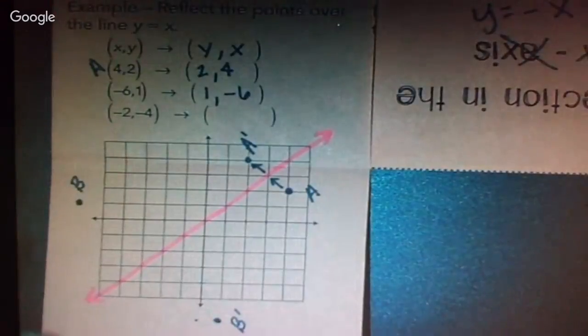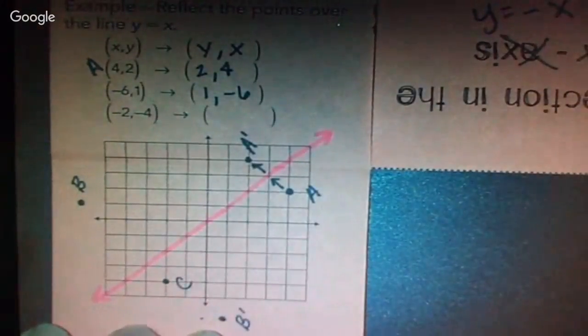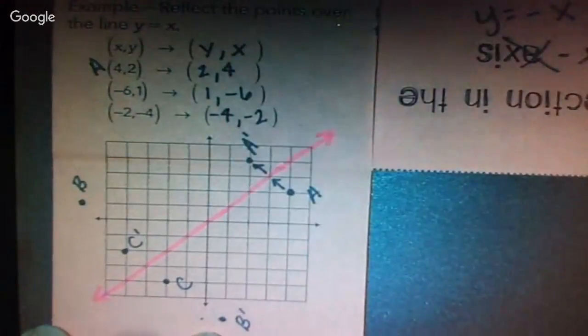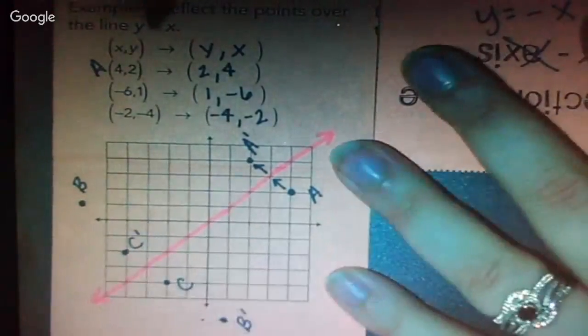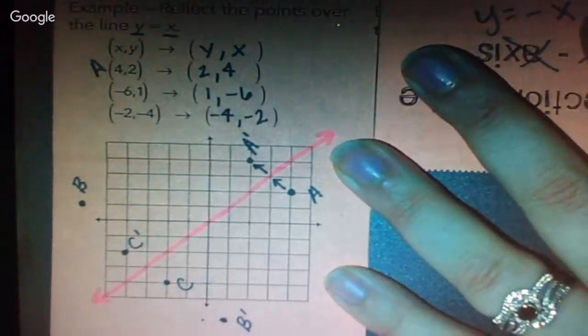And -2, -4 started me off here. It's now going to bring me here at -4, -2. This is probably one of your easiest rules to remember. And I only like it because the point literally goes in the order of the line that you're flipping it over. Okay, so you see y first, x second. Any questions on y equals x?